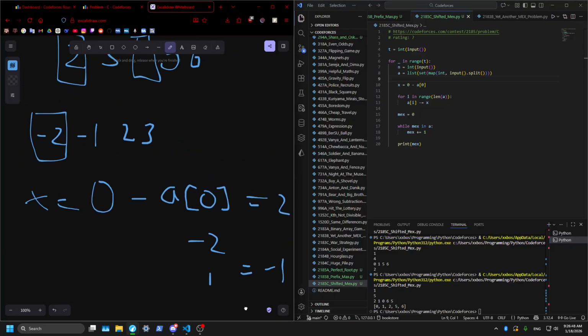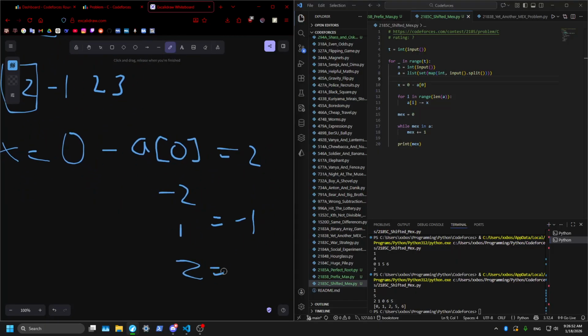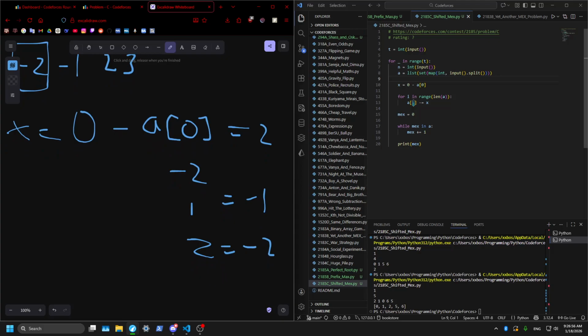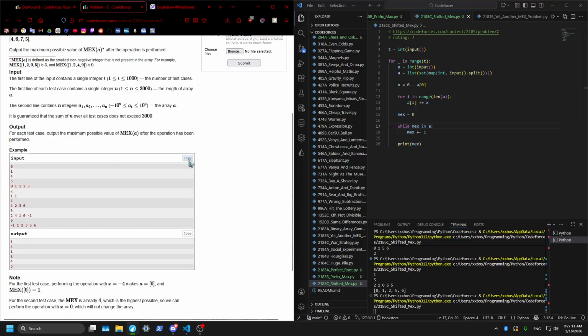So if X is 2, then we'd get -2. Minus equals would make it +2, so it should be plus equals X, right? Let's try.